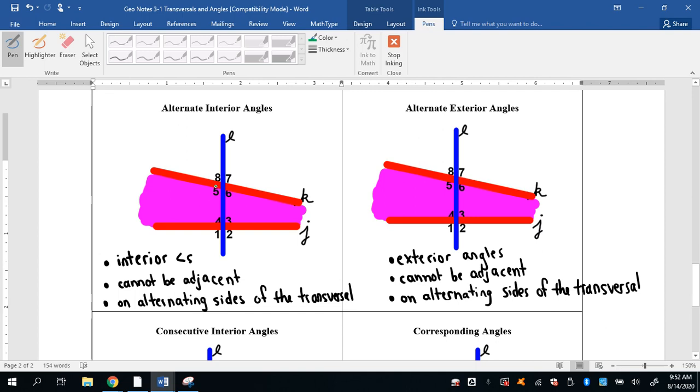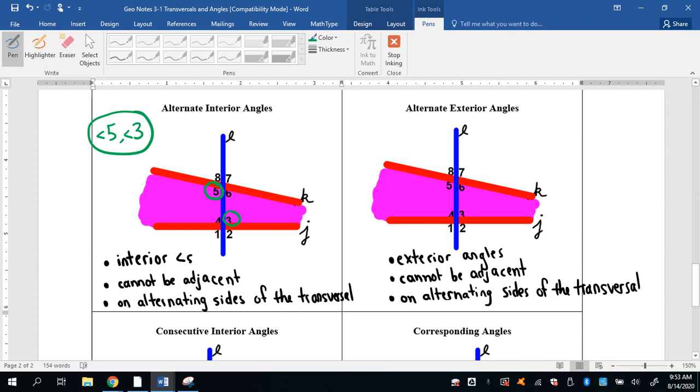So angle 5 is an interior angle, and my alternate interior angle pair to angle 5 cannot be next to it, it cannot be adjacent, so it can't be 6, and it has to be on the other side of the transversal, so it'll be 3. So angle 5 and angle 3 is an alternate interior angle pair.